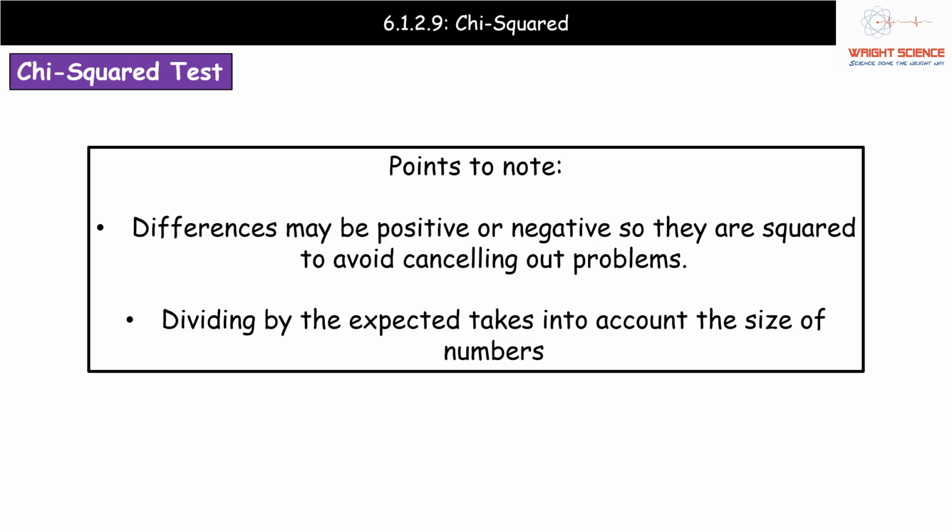So basically the squaring it means that they will all be positive at the end there. And the last point there, dividing by the expected, is actually giving us a way to take into account the size of those numbers themselves. So what we're able to generate then is our final chi-squared value, which we're then going to be able to use against the table of data to work out if it is significant or not.